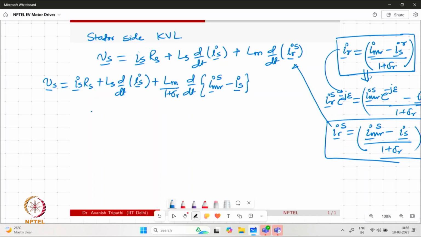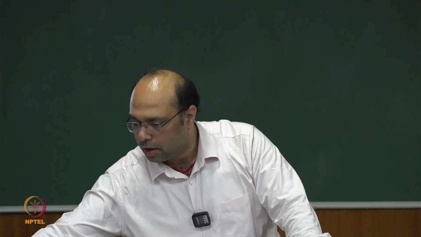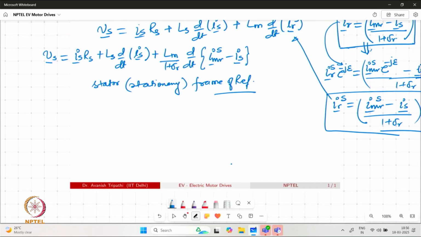Once again, we have written the equation in the stator frame of reference, or stationary frame of reference. However, we would like to transform these quantities to the synchronously revolving frame of reference, because eventually our controllers are going to operate corresponding to the DC values of these quantities.